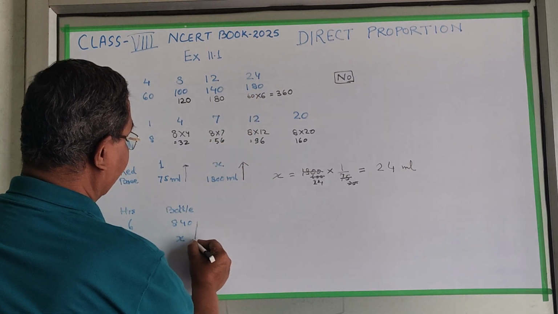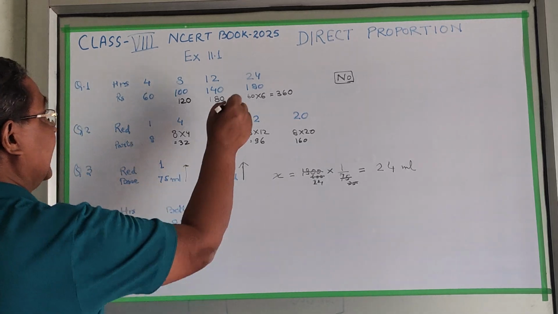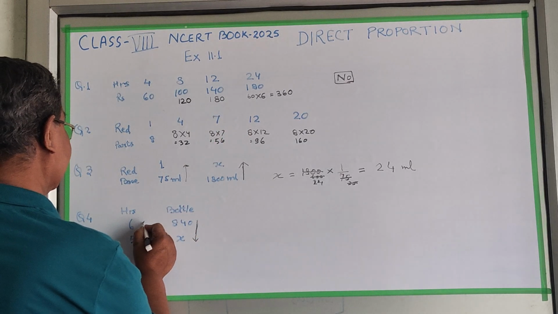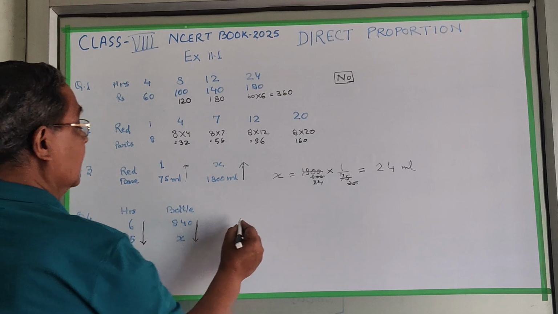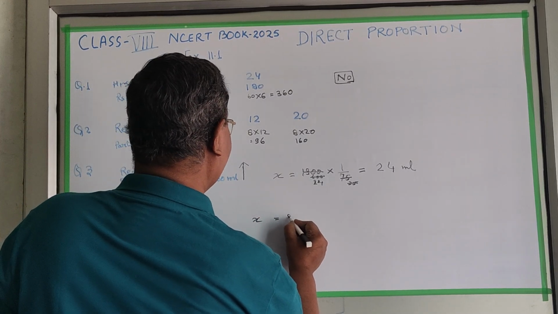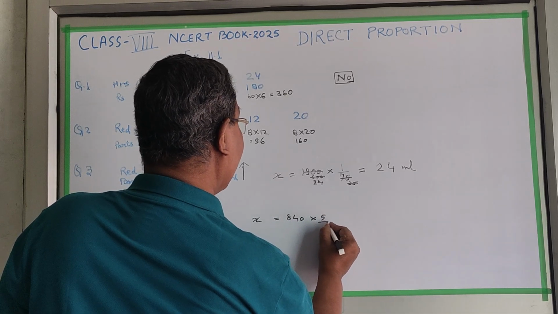Here we always put the arrow like this, and as it is a direct proportion question, the arrow will be in the same direction again. So x is equal to what? x is equal to 840 into 5 upon 6. 140 will come, and here it is 6.